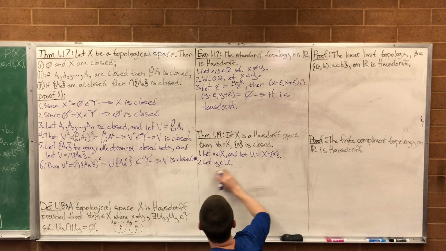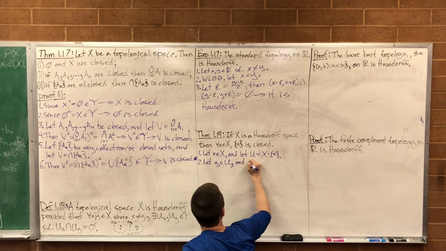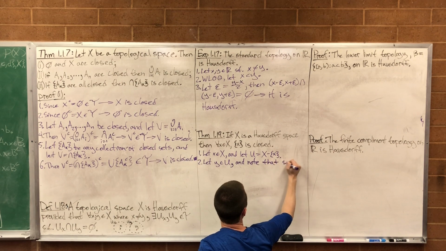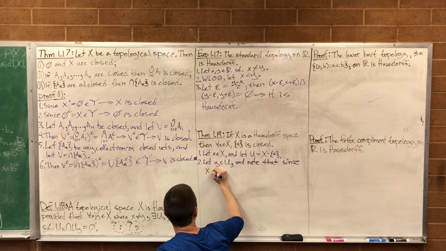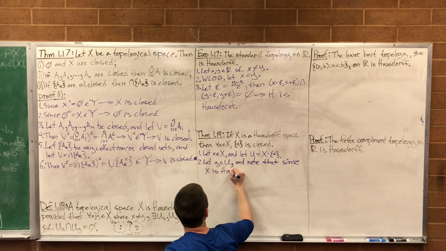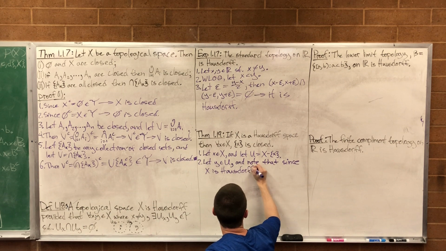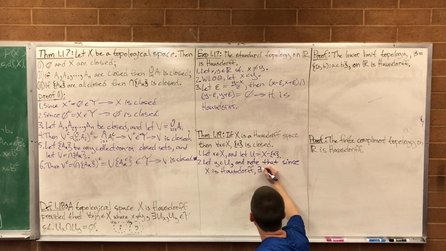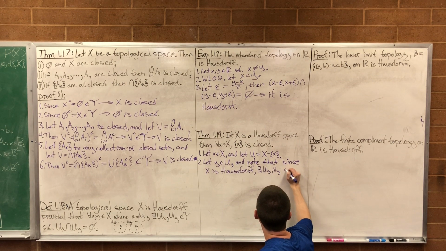Okay. So let y be in U, and note that since X is Hausdorff, there must exist two open sets. We'll call them U sub y and V sub y.